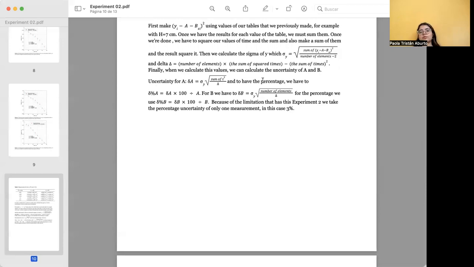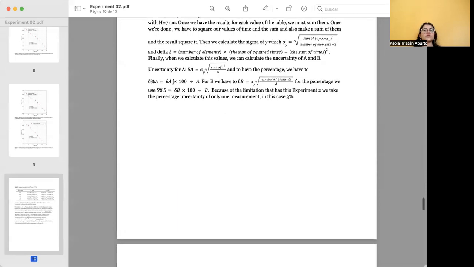And this is the percentage, and we want to obtain the percentage, so we use this formula, which is the uncertainty times 100 divided by the value of A. Then for B, we do something similar, but we change the sum of the times squared for the number of elements. And for the percentage, we do the same as A, but with the values of B.